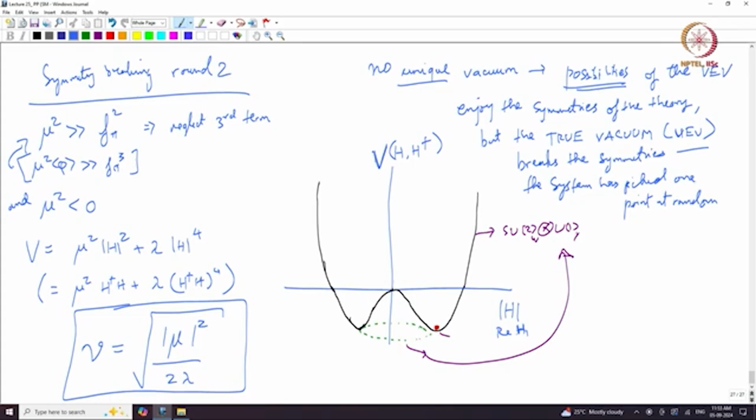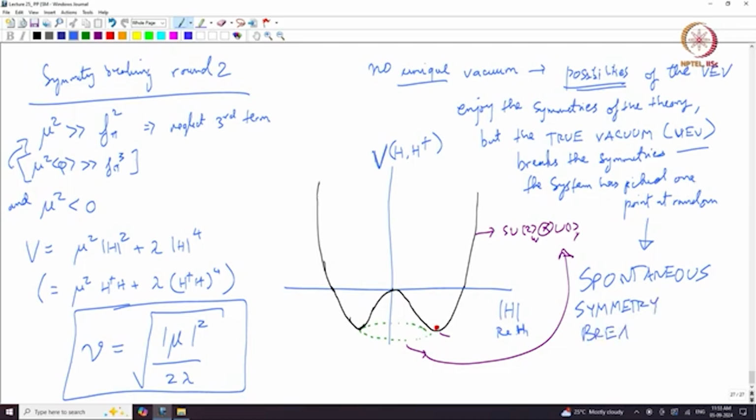Okay. So, in other words, because it is forced to pick only one point among all the possibilities, you have broken your symmetry spontaneously. So, this mechanism is called spontaneous symmetry breaking.